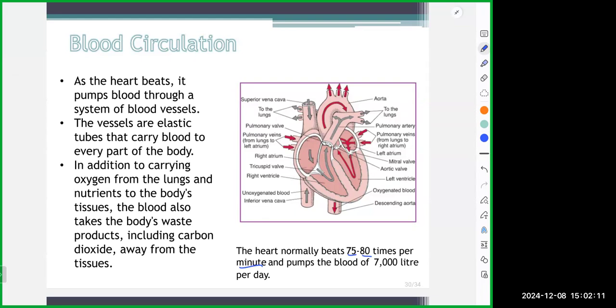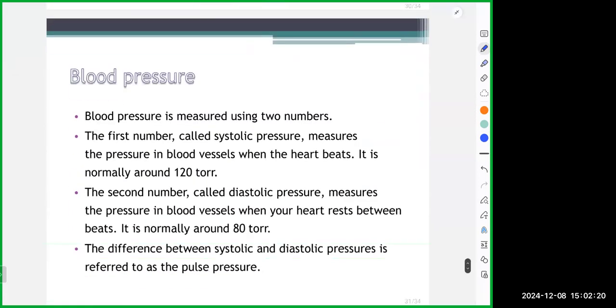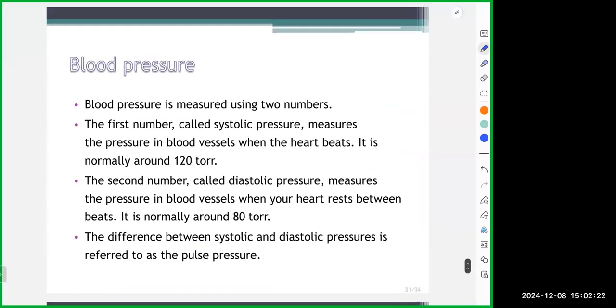You could see that there are 4 parts of the human heart, and here are some quantities that you would like to remember. For example, systolic pressure.